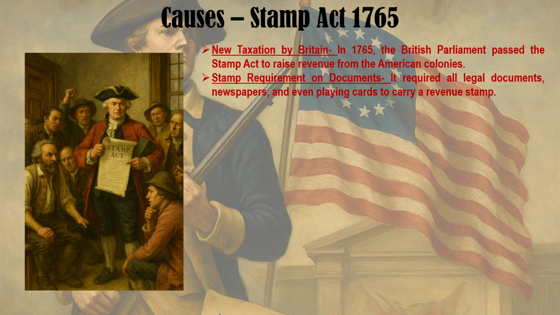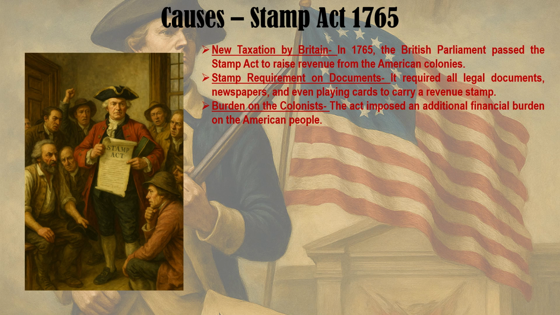It required that all legal documents, newspapers, and even playing cards carry a revenue stamp. So, everything should have an authorization from the British government, and that authorization came in the form of a revenue stamp. The act imposed an additional financial burden on the American people, and to acquire this revenue stamp you need to pay the government. Government means the British Empire.